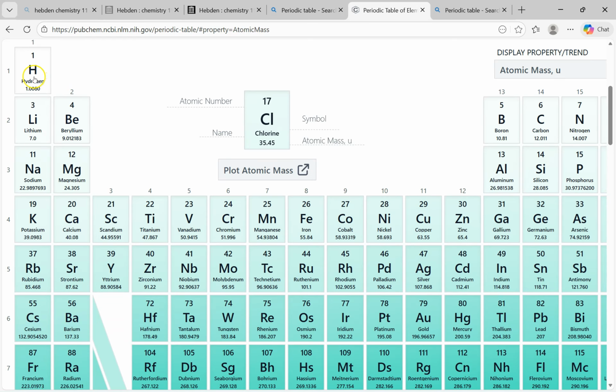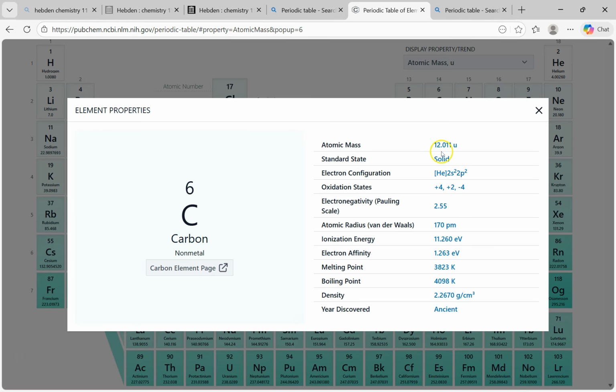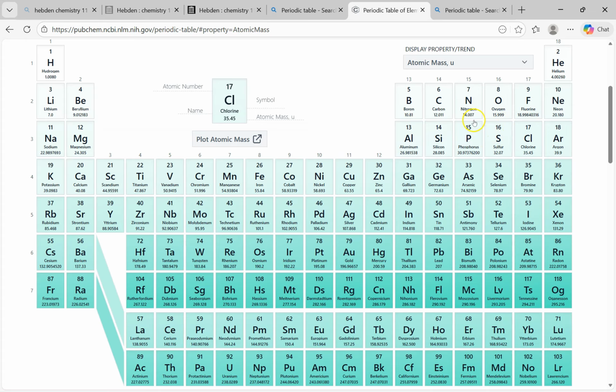Hydrogen is up here, and we go ahead and find oxygen. It's right there. All right, so we can find each one of them. We have carbon, which is 12, if you can see that right up there, or you can zoom in. Oxygen is almost 16, but let's call it 16, and hydrogen is 1.